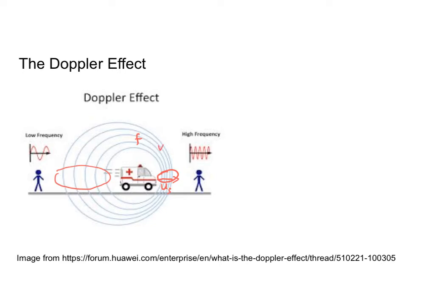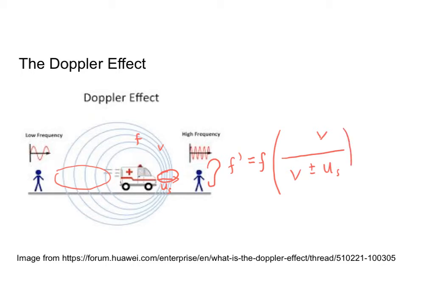What we'll find is that the observer is going to hear a different frequency, which I'm going to call f prime. And f prime is going to be equal to the emitted frequency f times the speed of, in this case, sound, divided by the speed of sound plus or minus the speed of my source.